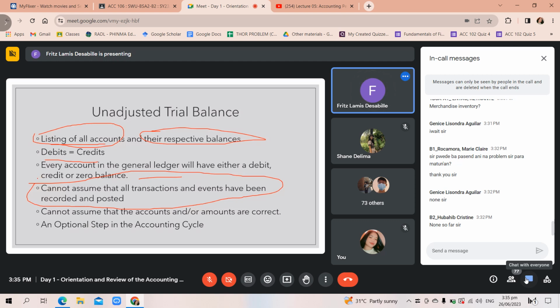Because if a transaction was not recorded, the trial balance simply lists the accounts. Even if it was not recorded, we have no debit and no credit, so the effect is zero. Therefore, this kind of error cannot be detected. We also cannot assume that the accounts or amounts are correct. And another thing to remember about the trial balance: it is an optional step in the accounting cycle.